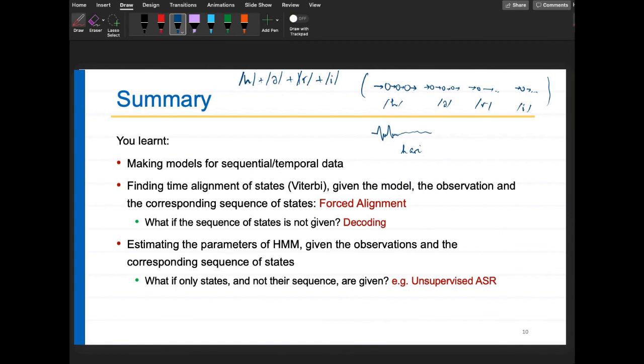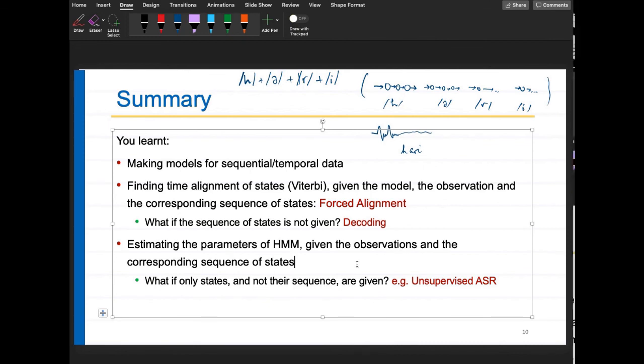But for HMM, these are general concepts. You can use it for speech. You can use it for any temporal data, like events, like audio events. You can use it for finding seasons in the year. You can use it, let's say, in a cricket match, looking at the score, you want to see who is batting.